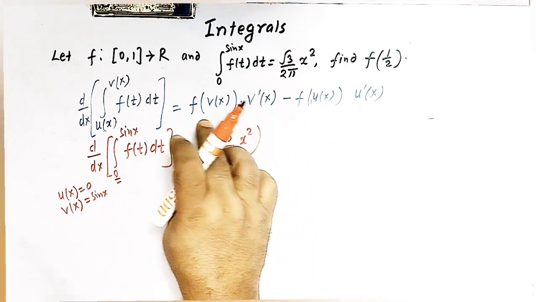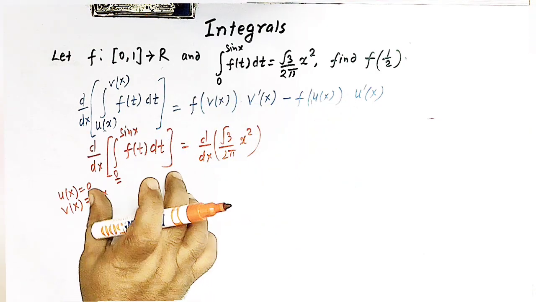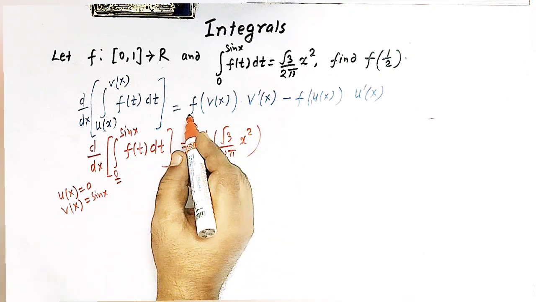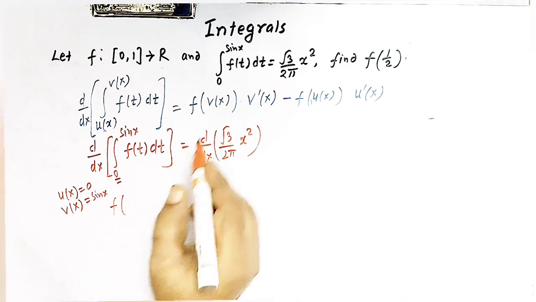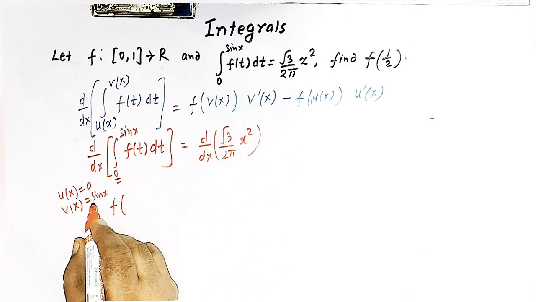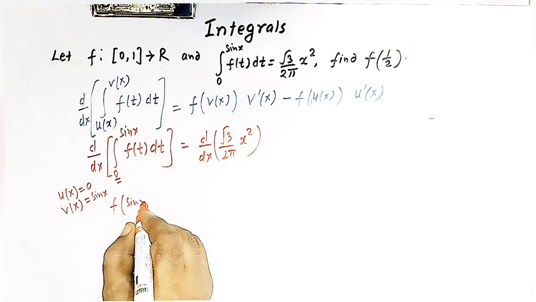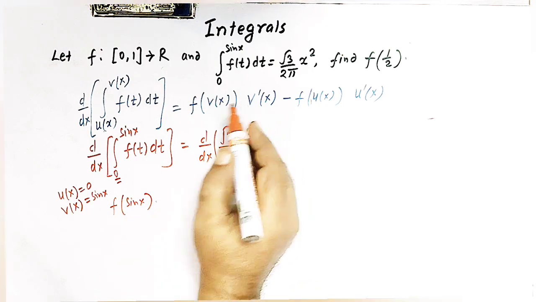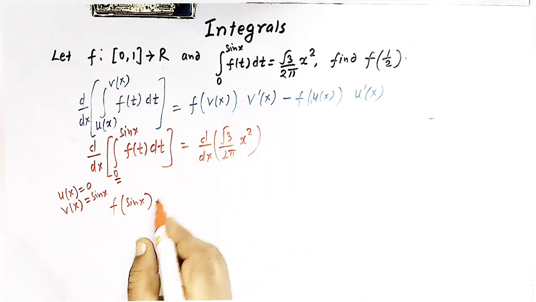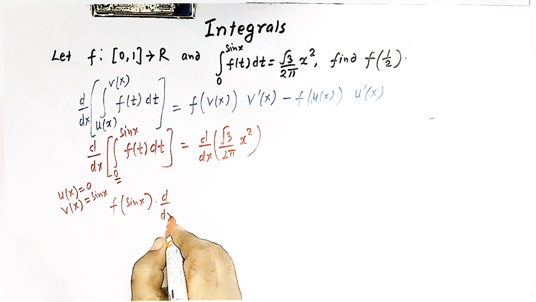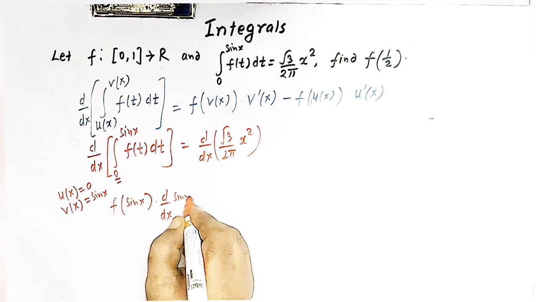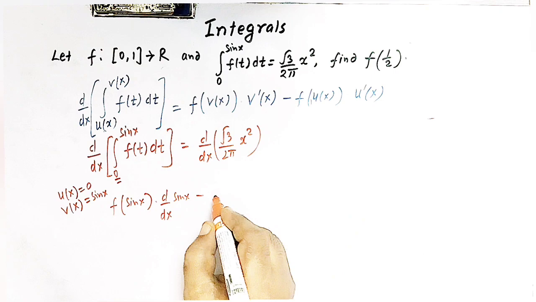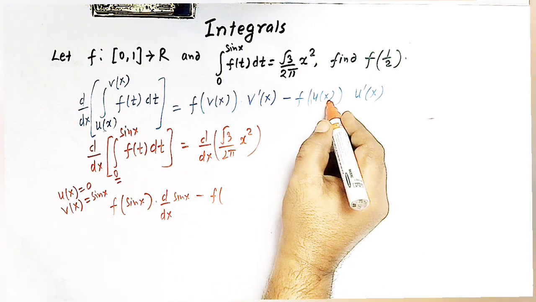And if we apply this rule, then the left-hand side can be written as f of v of x. V of x is sine x, and then we differentiate v of x with respect to x. So we have d by dx of sine x, then we have the negative sign, then we have f of u of x.